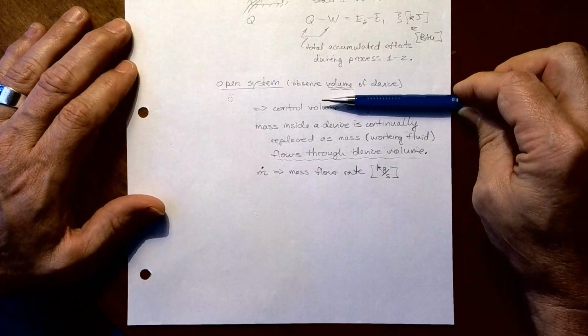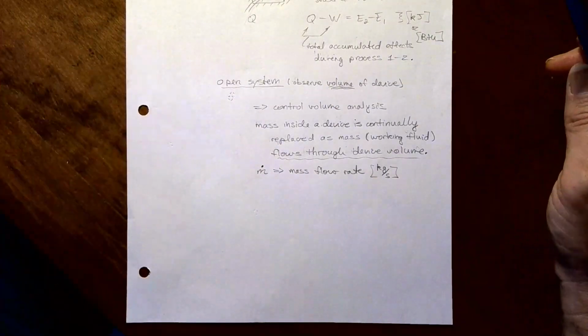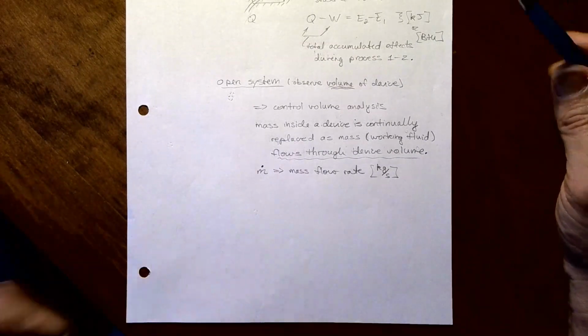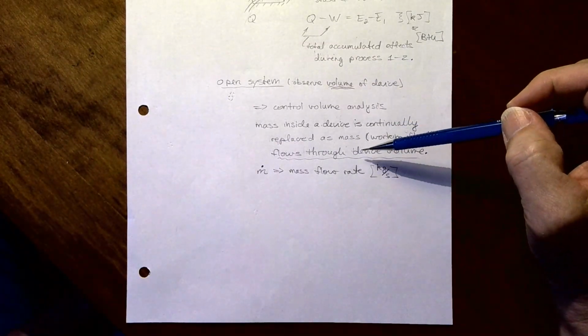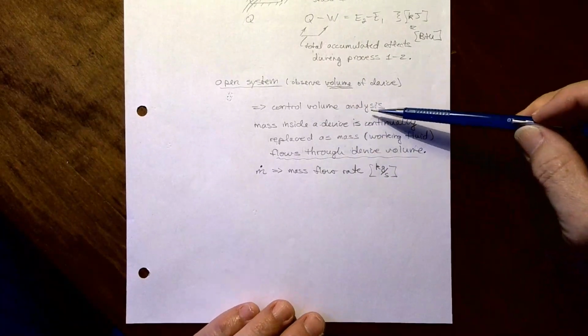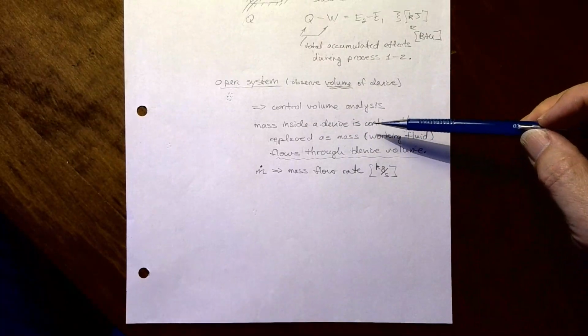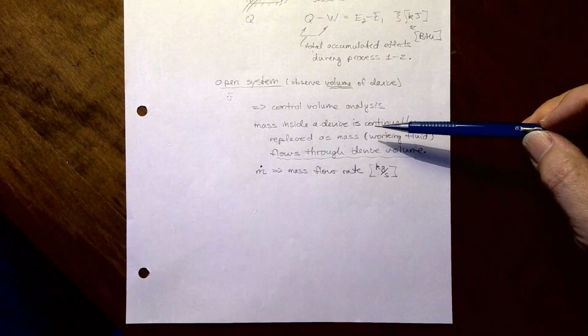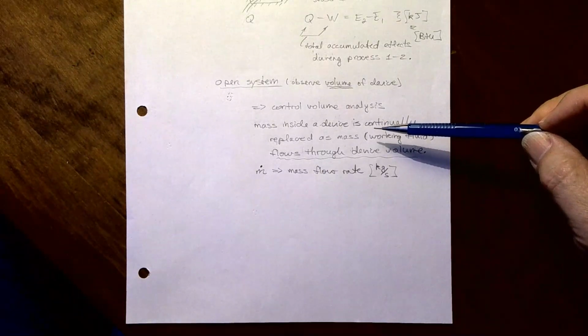Our new perspective will be to look at a volume and observe the volume as mass passes through. That mass will also carry energy with it, and we can still have work and heat transfer for the process. But in general, for a control volume analysis, we're going to consider things on a rate basis, because things are happening instantaneously at certain rates.